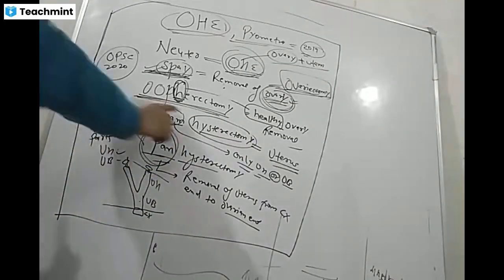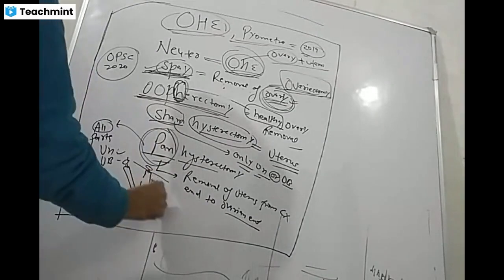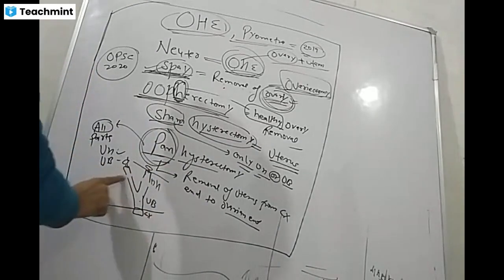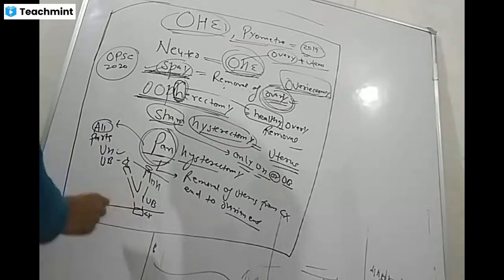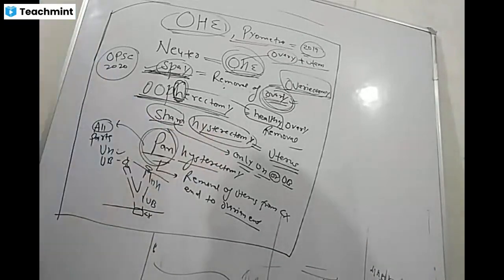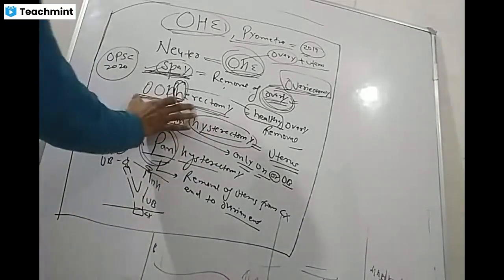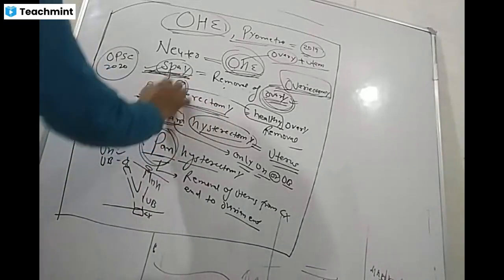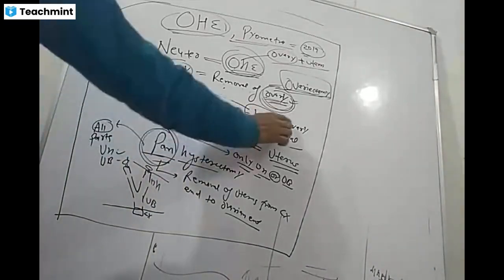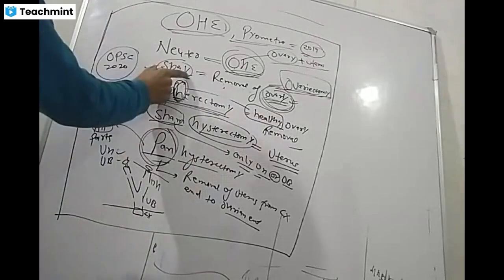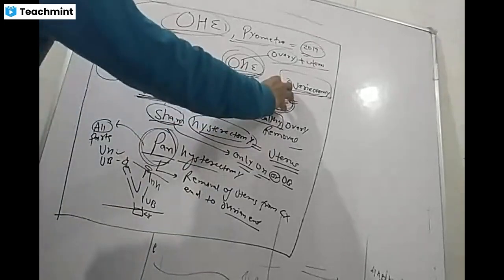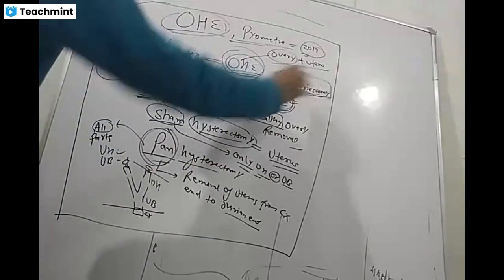And the partial removal, that is removal of only this horn or this horn or the uterine body, is sham hysterectomy. Oophorectomy is the removal of healthy ovary, and the H helps you remember it. Spay means removal of only ovaries, that is ovariectomy.